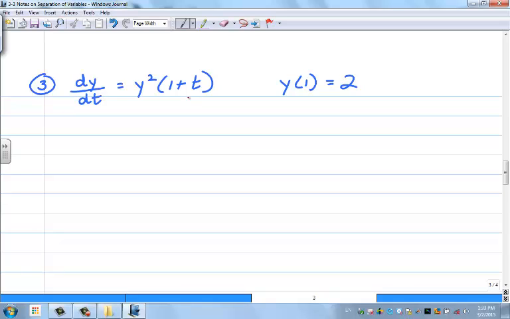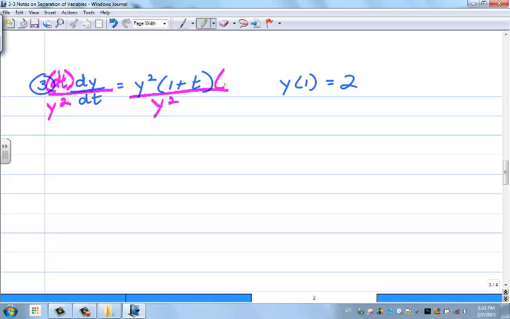So first thing we want to do is divide both sides by y squared and multiply both sides by dt. Okay, so I basically am doing this. Divide by y squared and then multiply by dt.